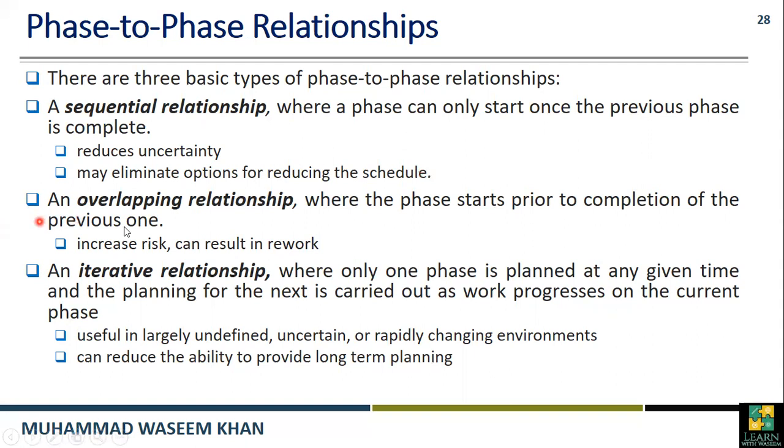An overlapping relationship is a relationship where the phase starts prior to the completion of the previous one. So it will increase the risk, and it can result in rework because you may commit some errors or mistakes, and you have to perform that work again.